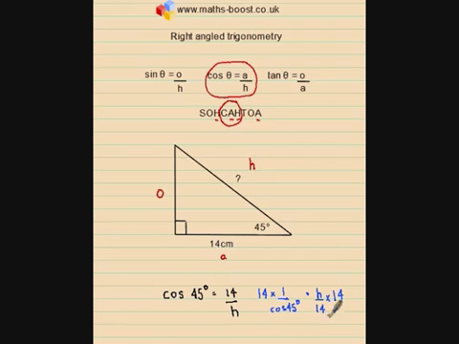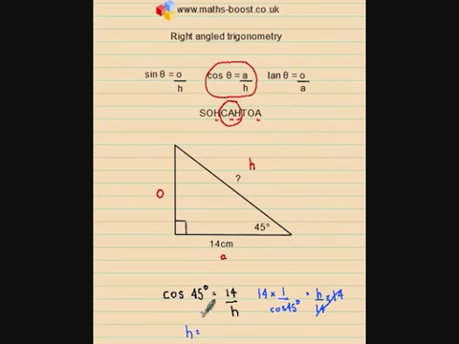And I can see that's had the desired effect. If I simplify on the right, I see that if I times something by 14 only to divide it, or divide it by 14 only to times it, these will cancel out. So I'm left with H equals 14 times 1 over cos 45. And this is something that you can put into your calculator.